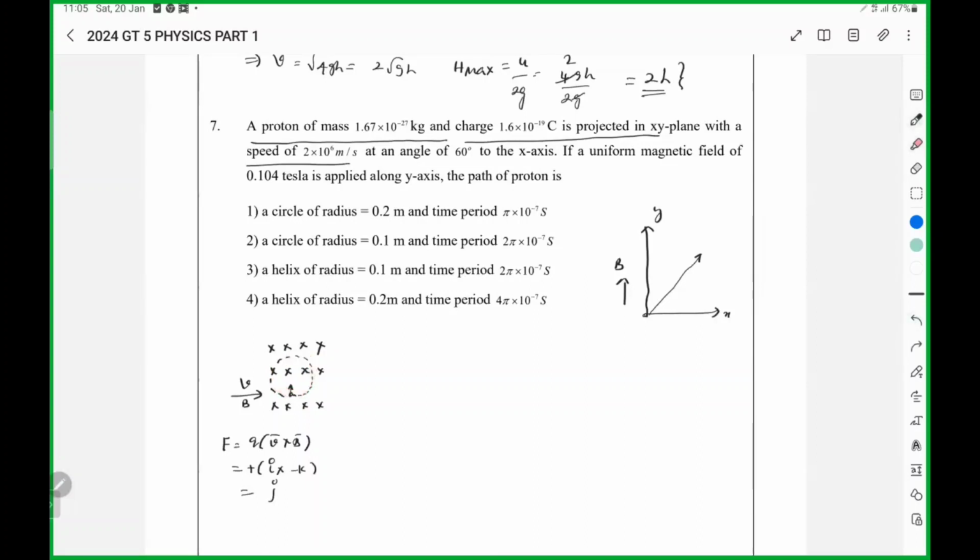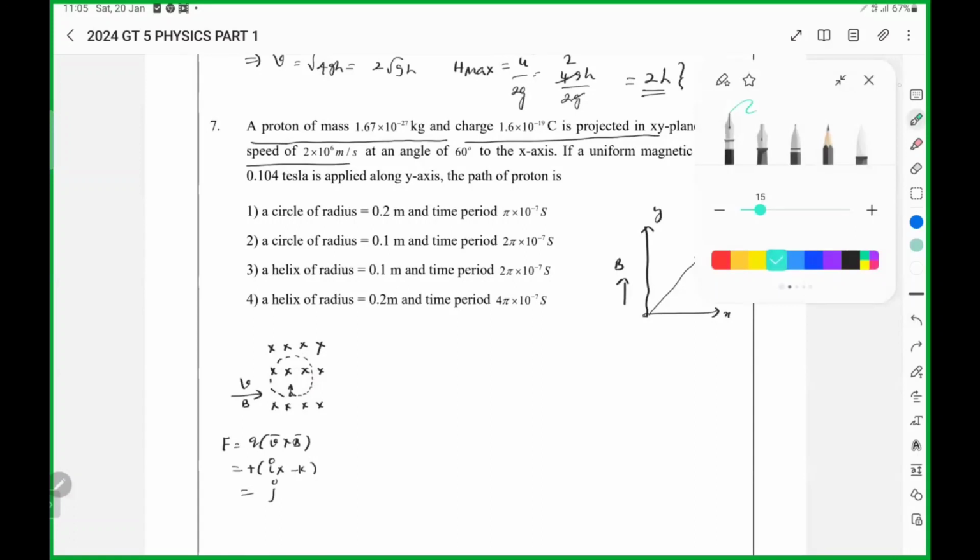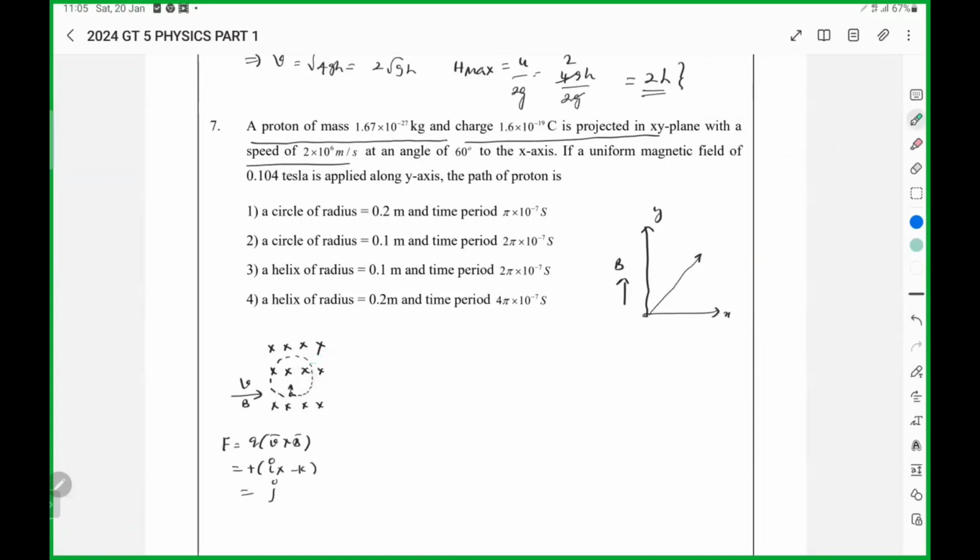Sometimes they will ask directions also. You must be careful. In which plane does it move in a circle? This is the x-axis, here it is the y-axis. So it traces a circle in the xy plane.